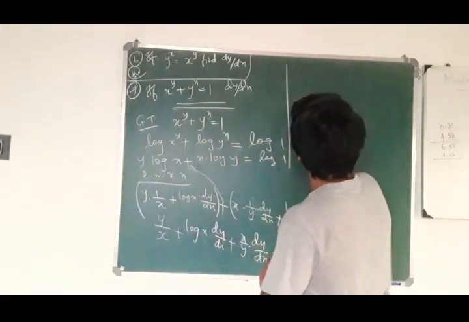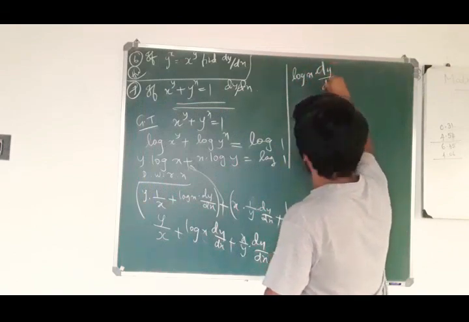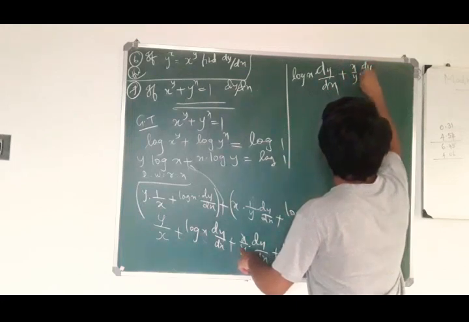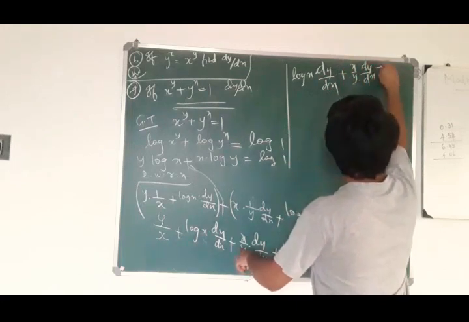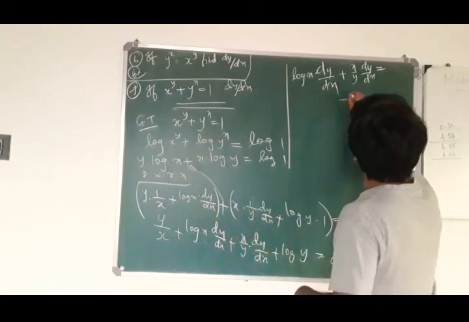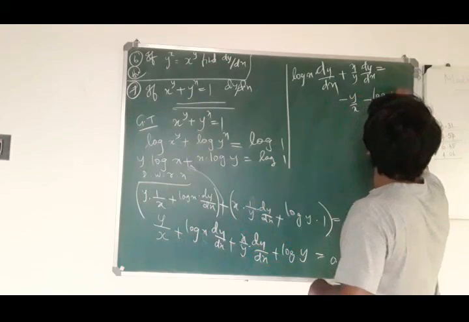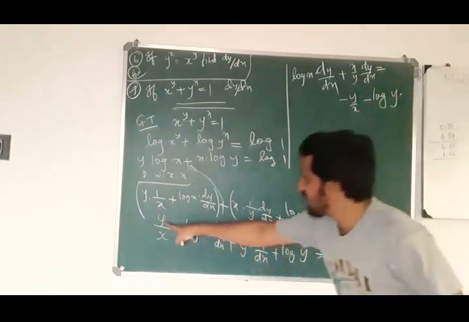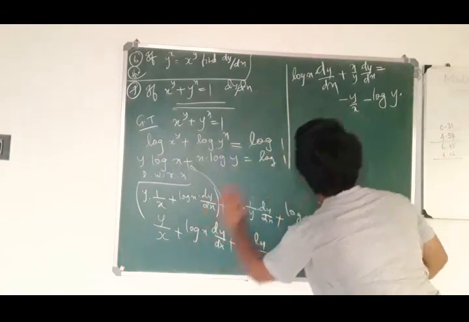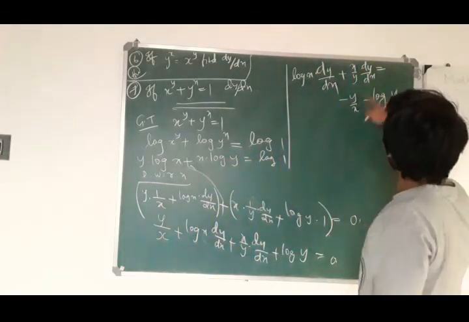Listen here carefully: log x dy by dx plus x by y dy by dx is equal to minus y by x minus log y. The remaining two terms I am keeping on the right side.